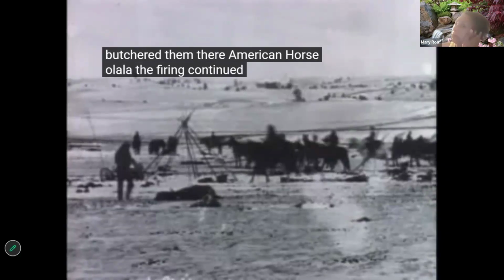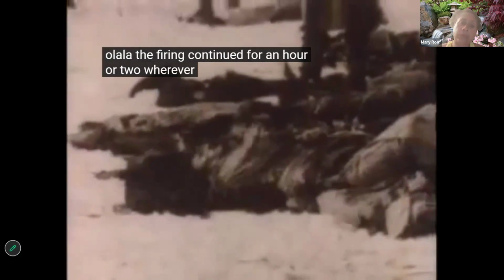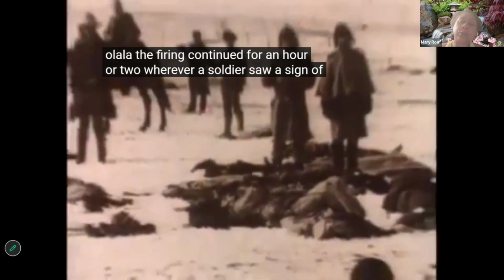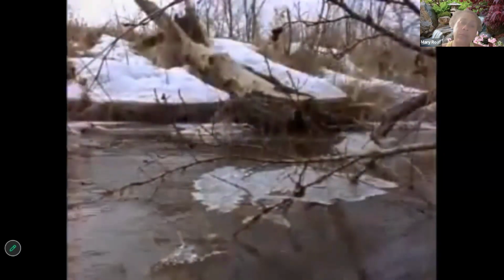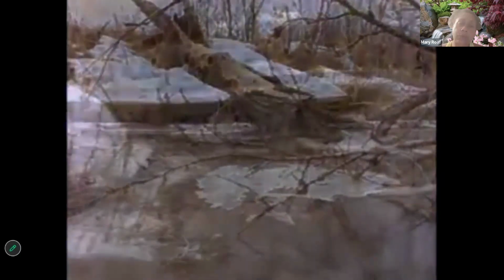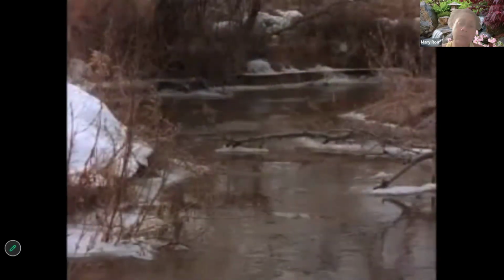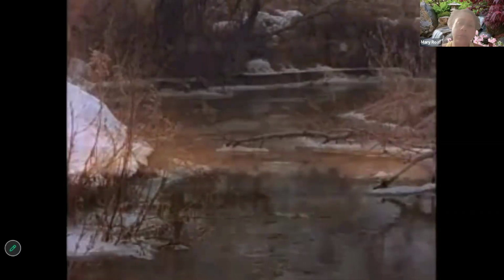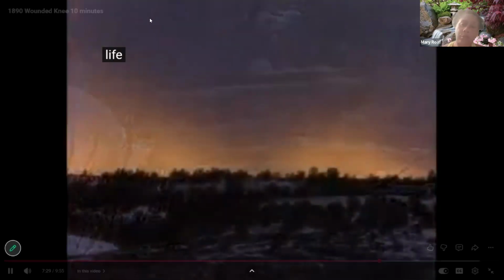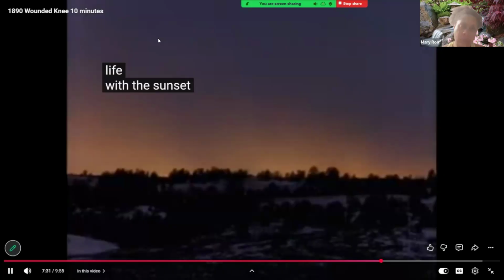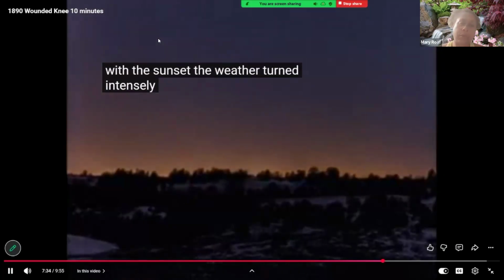The firing continued for an hour or two, wherever a soldier saw a sign of life. With the sunset, the weather turned intensely cold.